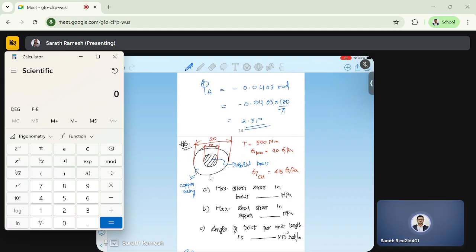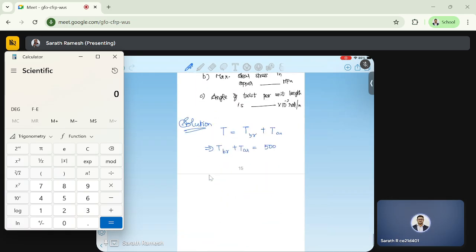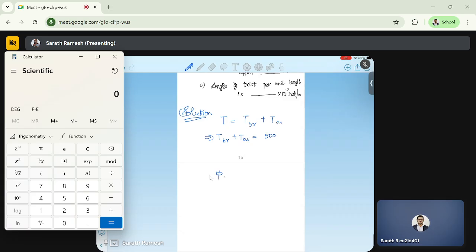What is the one more equation which we need to solve this problem? When we apply this torque of T, the twist will be the same in both the materials, right? So the angle of twist in copper will be equal to the angle of twist in brass.